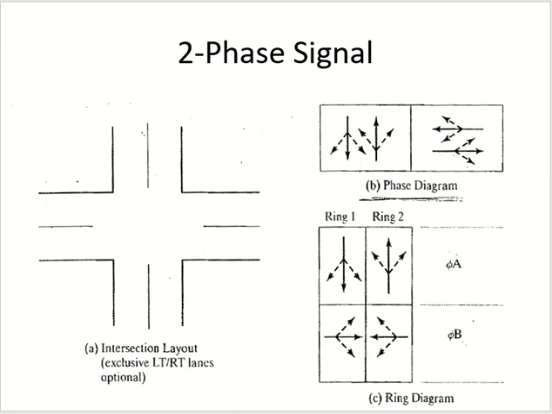The ring and the phase diagram are showing the same phases, the same design of the signal. But in the ring diagram, they are in different boxes. Now, how do I know it's the same phase? Because the boxes are parallel. So I am showing different movements parallel to each other in a ring diagram. That means it's the same phase. Clear? But you will not put them in the same box. Clear?